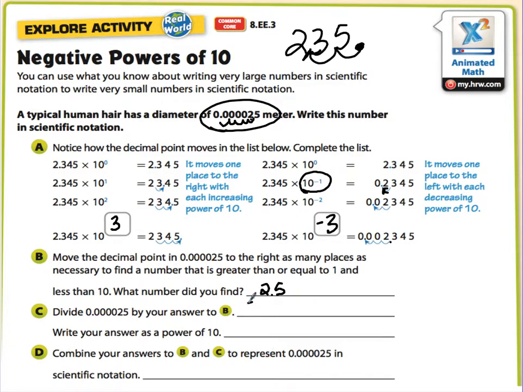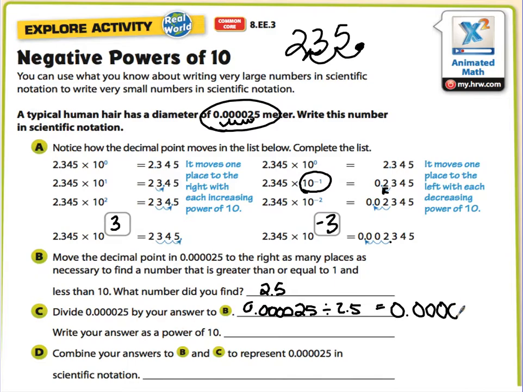So I'm going to take 0.0000, 4 zeros, then 25, and I'm going to divide it by 2 and 5 tenths. And when I do that, I get an answer of 1 millionth. So 0, and then 4 zeros, then 1.